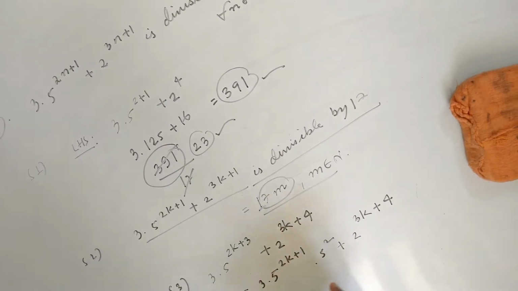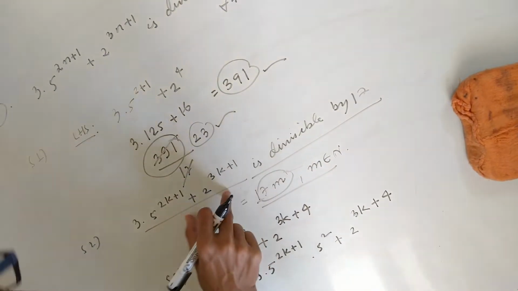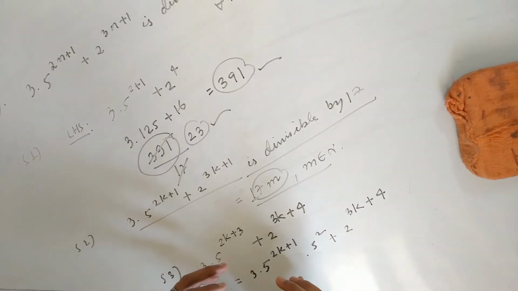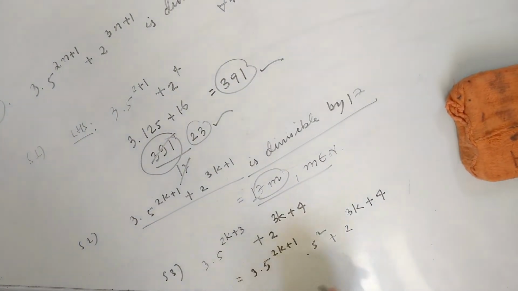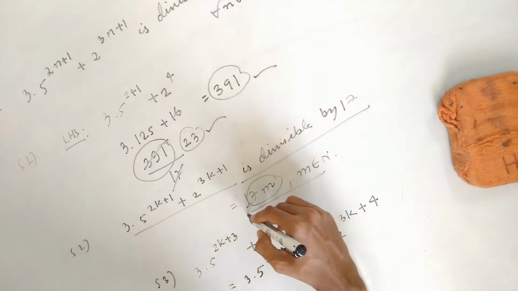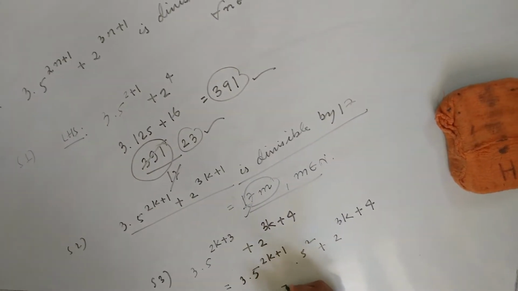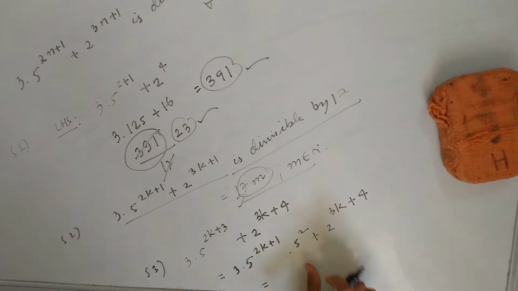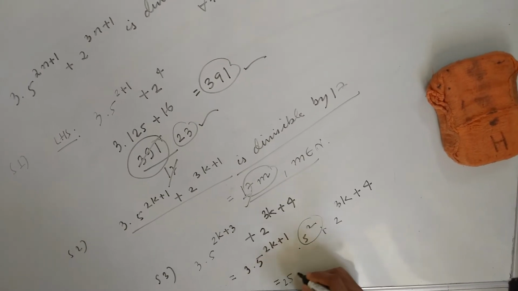Now what is my intention of writing like this? My intention is that I have to utilize the assumed result, so I have to obtain the same set of terms here. Then only can I utilize it. I will consider this 5 square as separate. 5 square is 25.